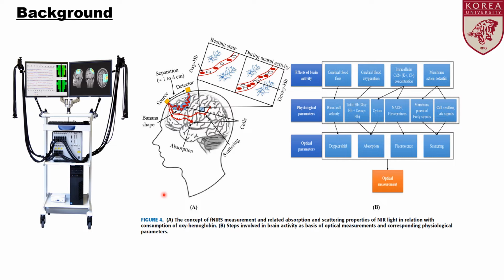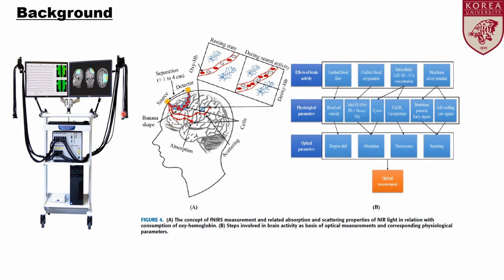In this slide I will give you just a brief introduction of the fNIRS device. The fNIRS device is a non-invasive neuroimaging technique. This device uses sources and detectors to record the brain activity when the subject performs a particular task.